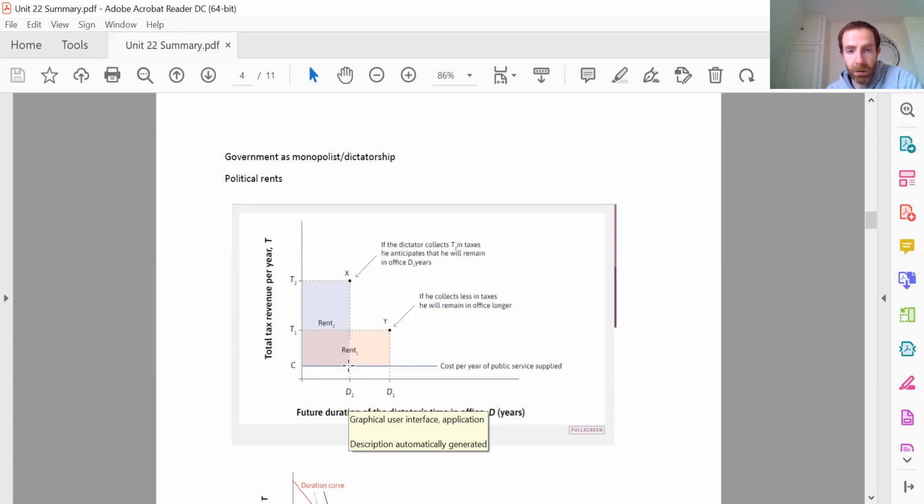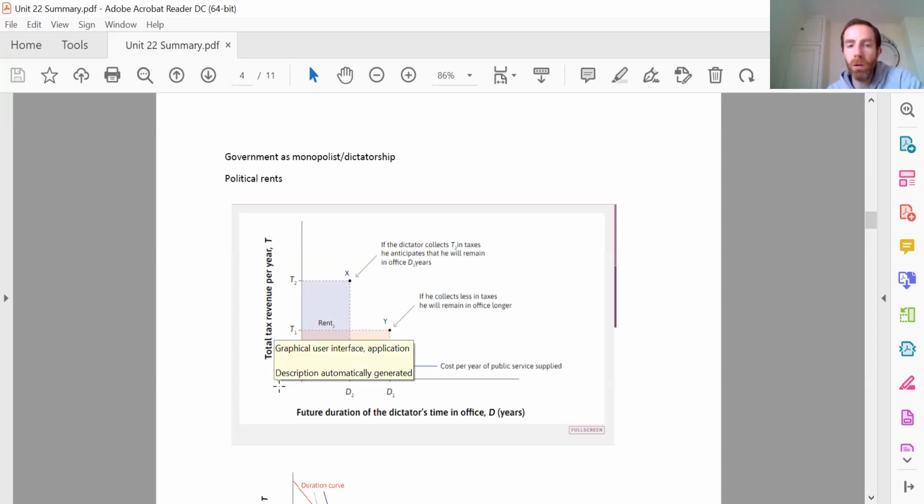And as a result, this blue area represents the total amount of political rent they're going to collect, right? If we do T2 minus C, that gives us the height of the rectangle, multiplied by D2, that gives us the base.